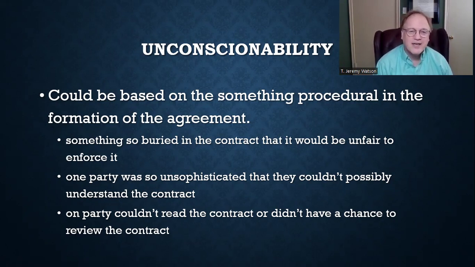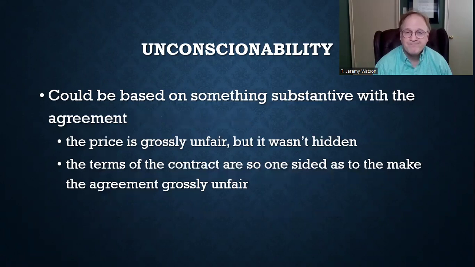It's just, at the end of the day, this is just so unfair that a court just couldn't bring themselves to enforce it, right? It's so egregious, so unfair that it shocks the judge's conscience. Then that element of the procedural formation is just so unfair, it may be enough for the court to invalidate a contract based on unconscionability.